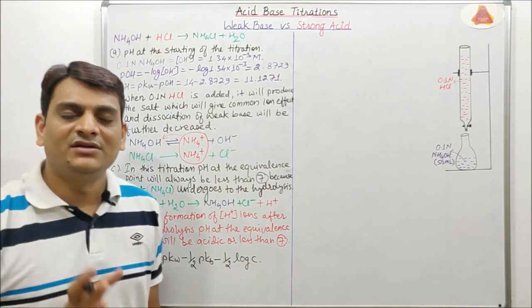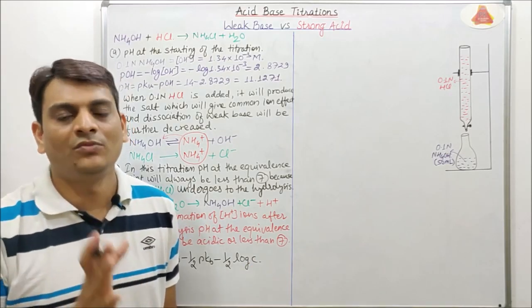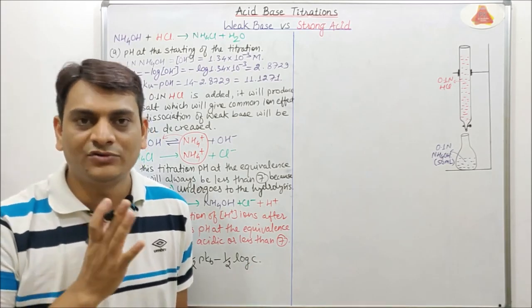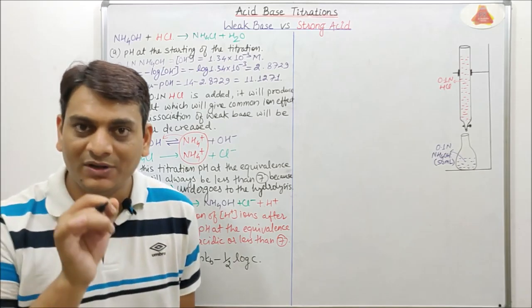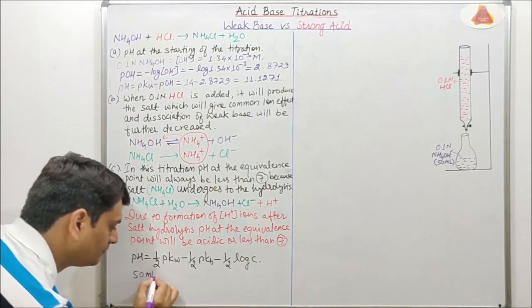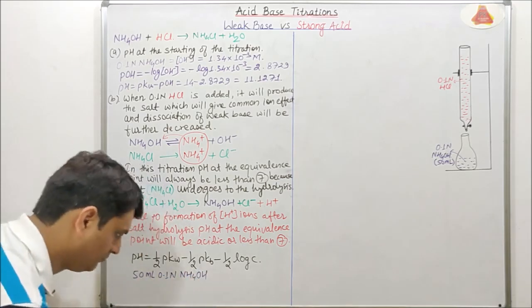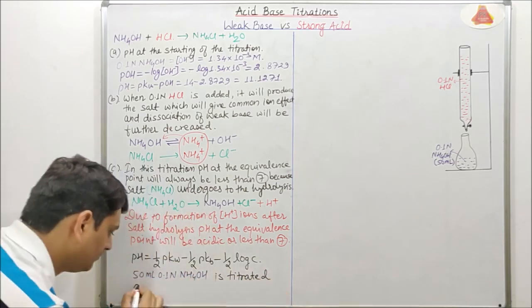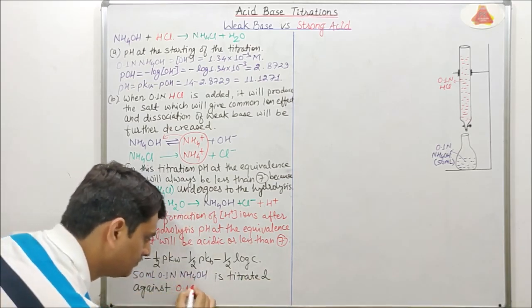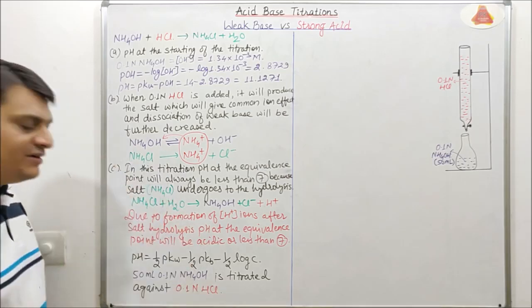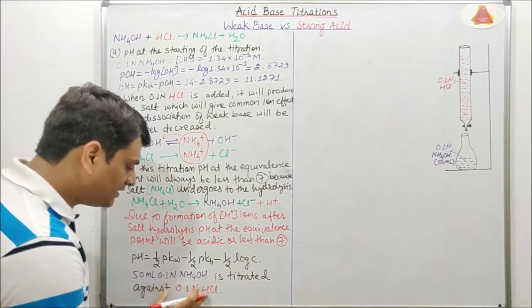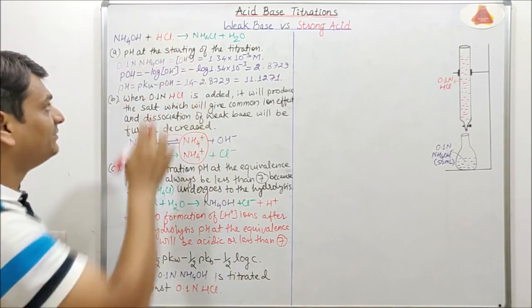Now let's consider the titration of 50 ml 0.1 normal NH4OH with 0.1 normal HCl. So when we will titrate this NH4OH with HCl, then the reaction will be similar like this.